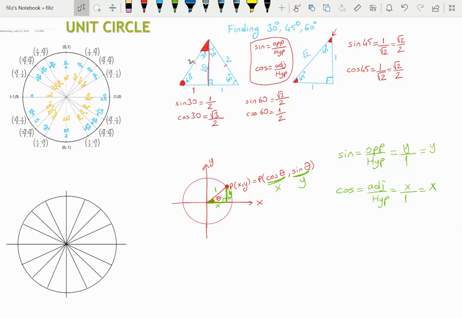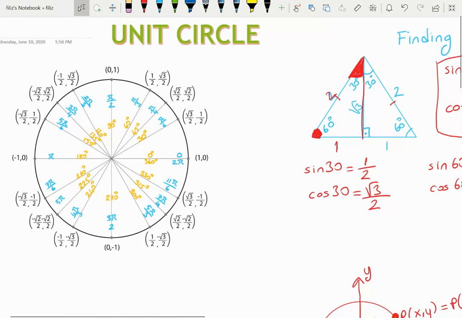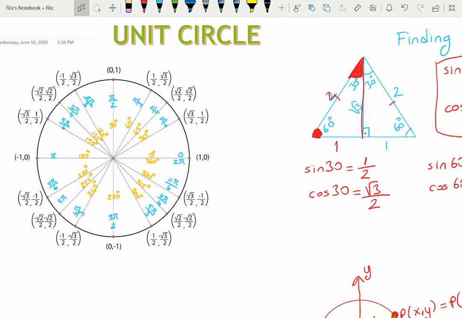Okay. So the unit circle has some degrees. So we are starting from 0, 30, 45, 60, 90, 120, 135, 150, and so on. So how am I going to write these in radians?